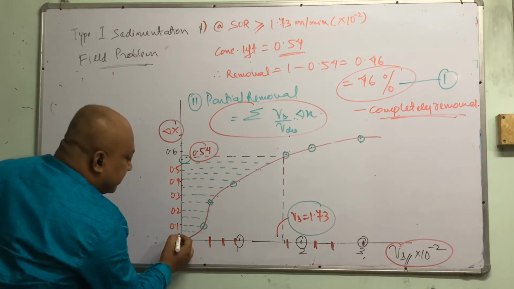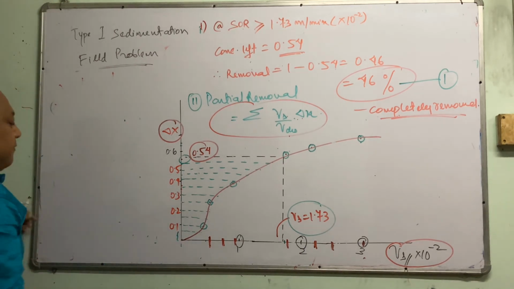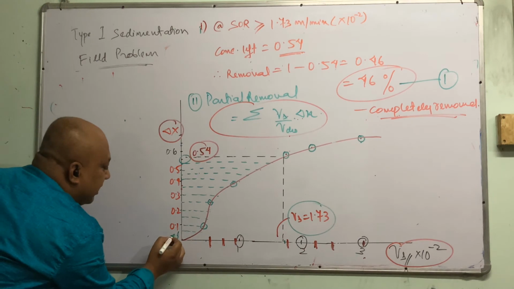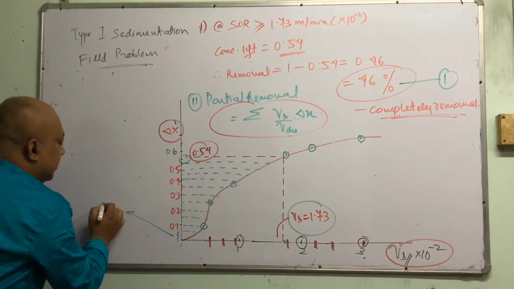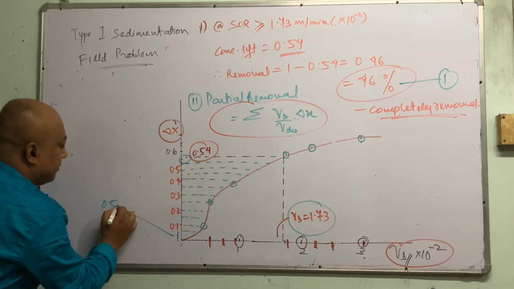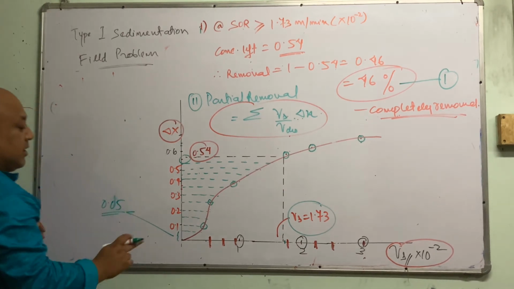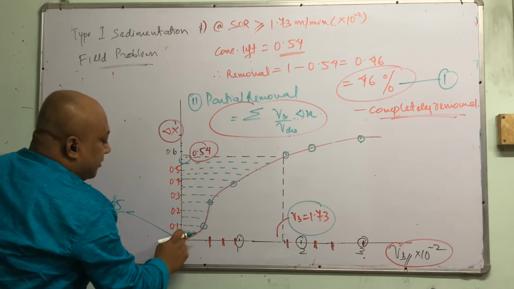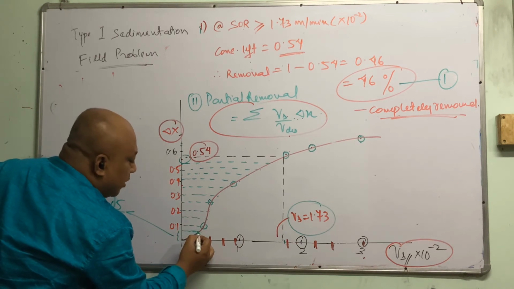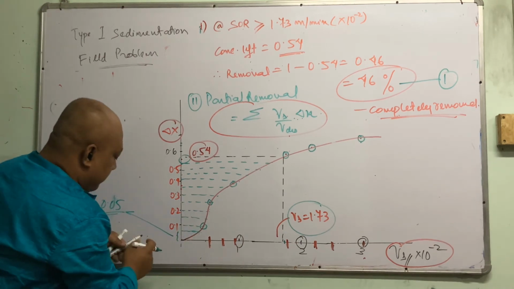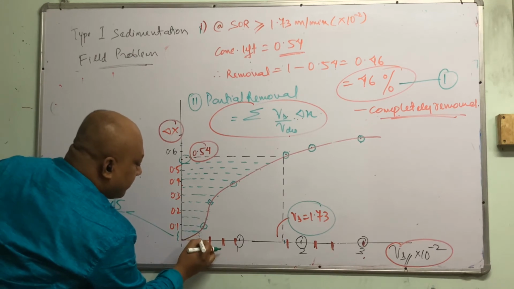Say for del X, just make it 0.05. Let me enlarge it. In this part, what is del V?